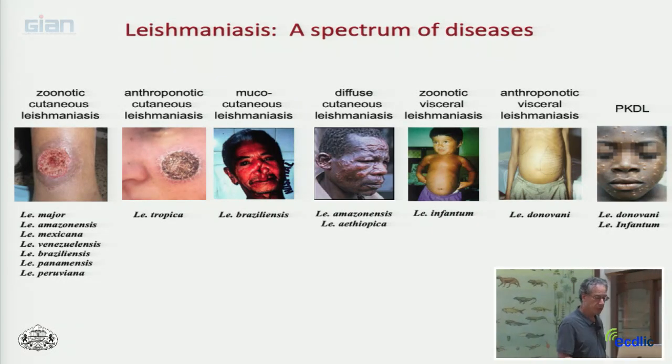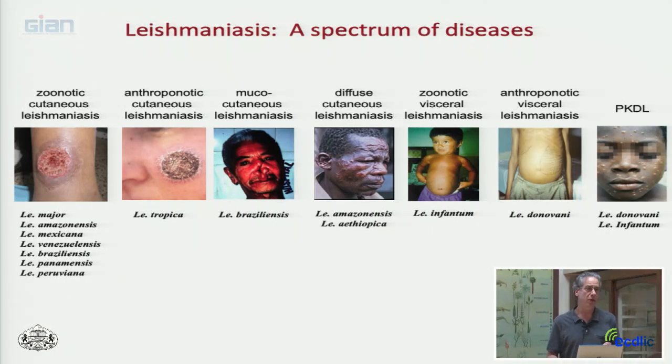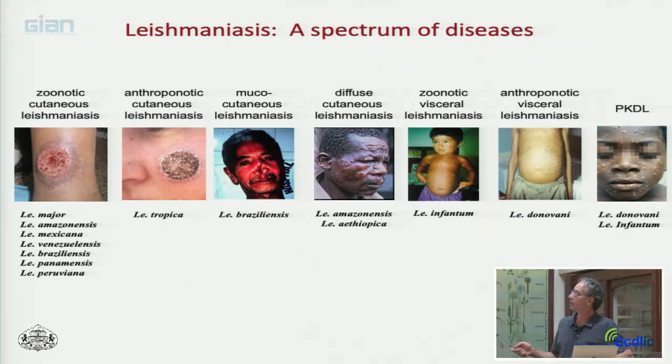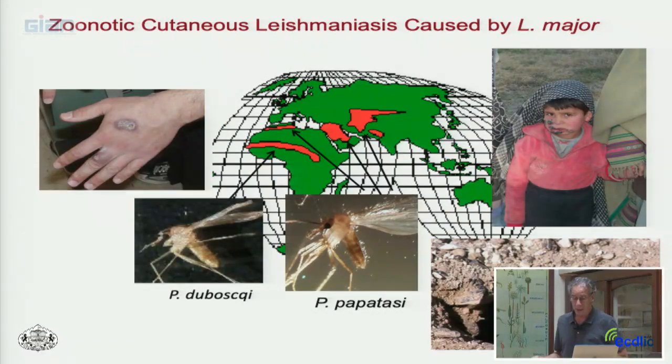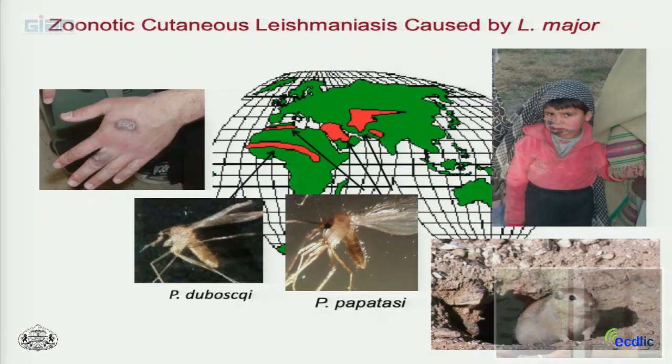But let's talk first about the nature of the acquired immunity that might occur in these individuals and that we can study in these really nice mouse models.